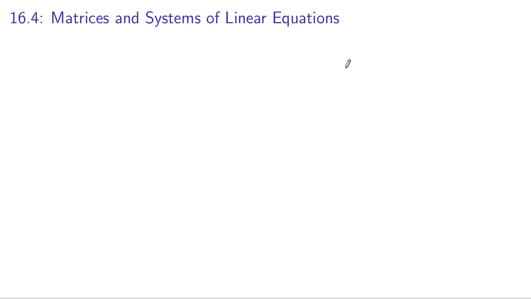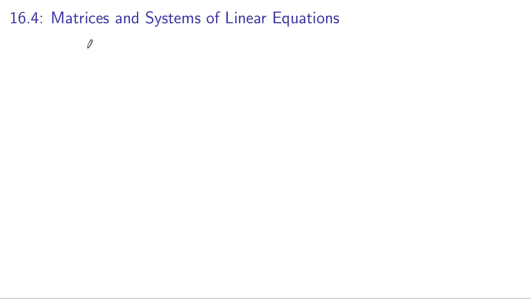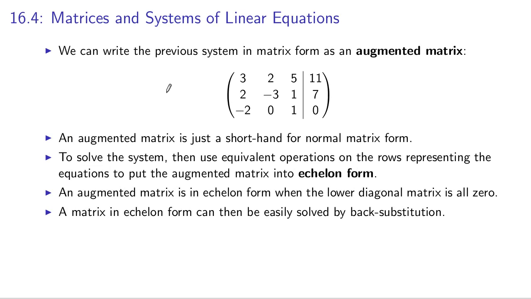Okay, so let's do some practice here. So suppose that we have this system of equations, 3x. Nah, that one's too easy. Let's do the example I already had. So we'll have 3, 2, 5, 11. 2, minus 3, 1, 7.